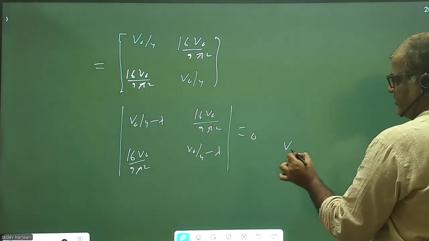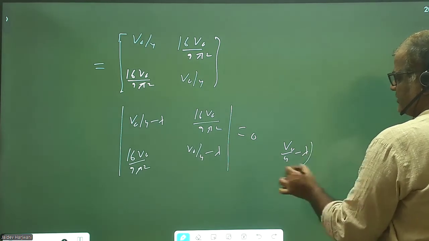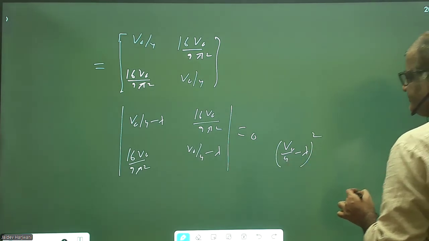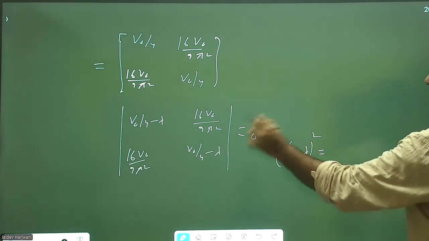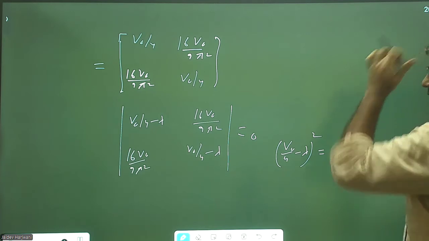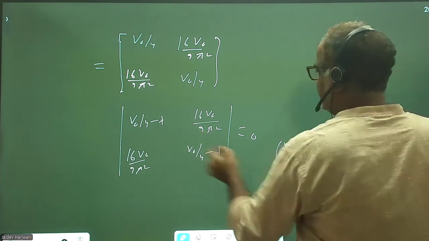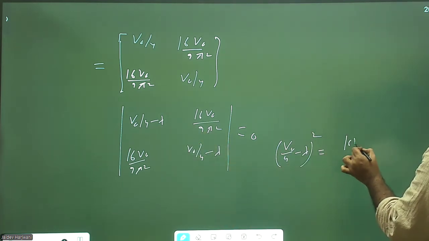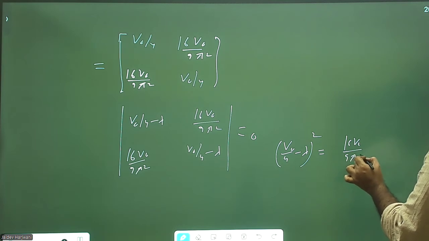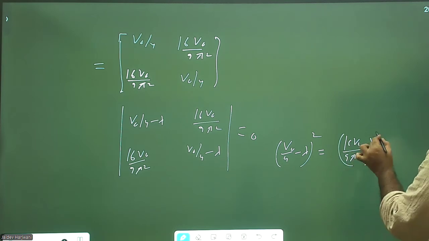If you solve this, V naught upon 4 minus lambda whole square is equal to 16 V naught upon 9 pi square whole square.